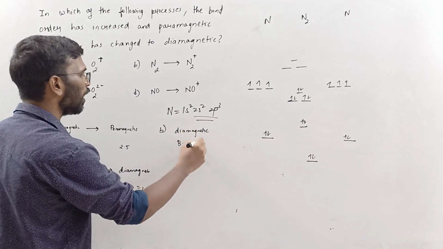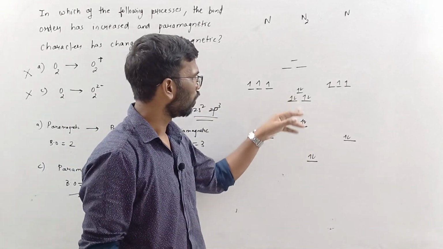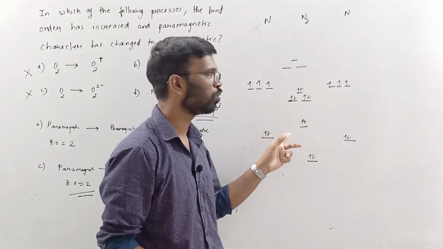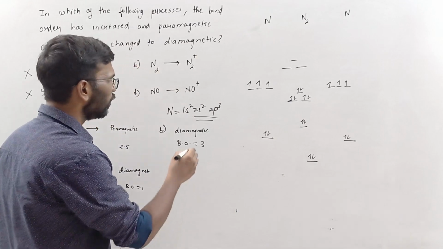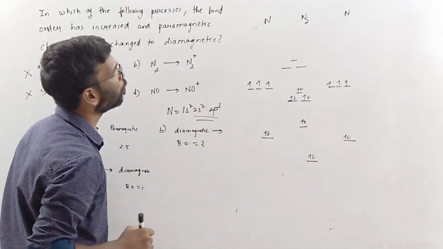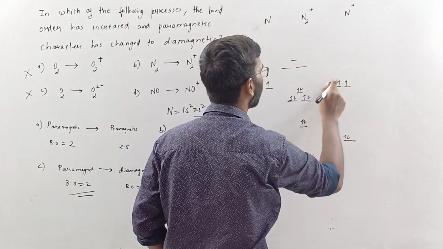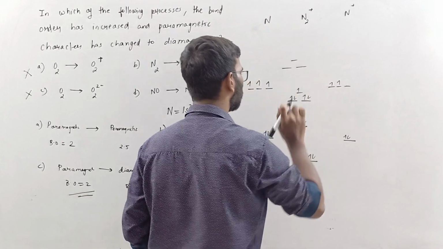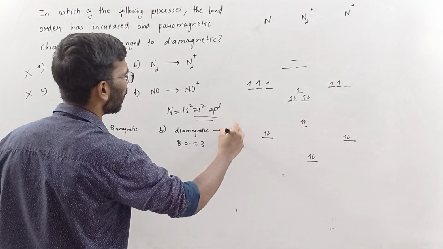Bond order between nitrogen is 3. You can also calculate, that is 8 minus 2 divided by 2 is equal to 3, right? Now it is changing to N2 plus. N2 plus means you are removing one electron. You remove this one electron. So diamagnetic changes to paramagnetic.